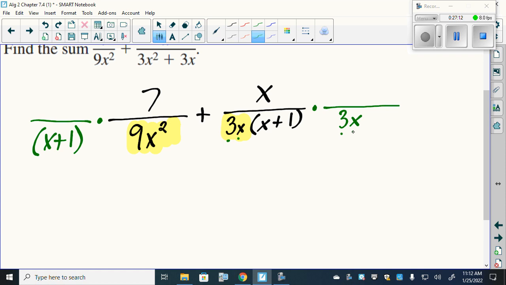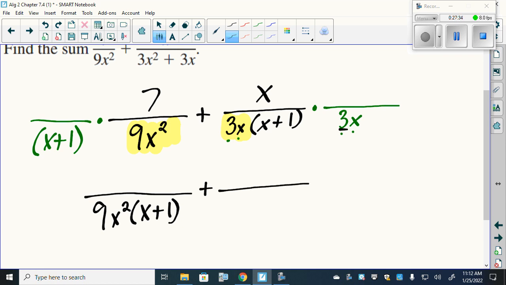X times x would give us x squared. And if we do this multiplication, the denominator of the first one here would be 9x squared times x plus 1. Over here we would have 3x times 3x, which would be 9x squared, times x plus 1. So by doing this, did we get the denominators to be the same?